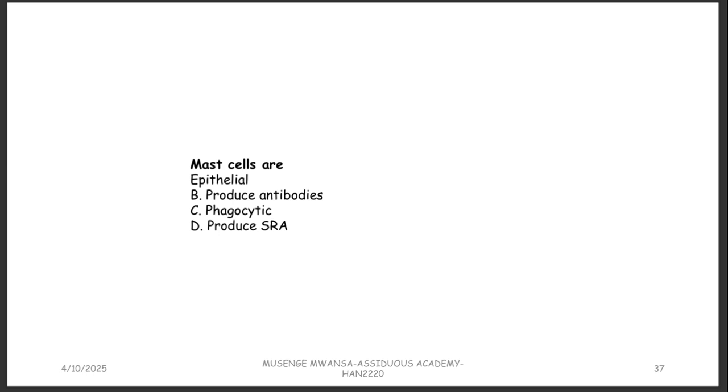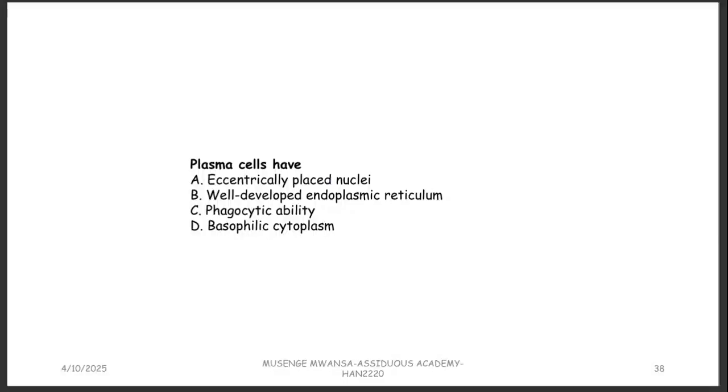So A cannot be true, it's epithelial. B, produce antibodies. That cannot be true because the ones that produce antibodies are the plasma cells. Phagocytic: these are not phagocytic, unless macrophages, neutrophils. So what remains is D, even if you don't know what SRA is. So probably think of one of the granules.